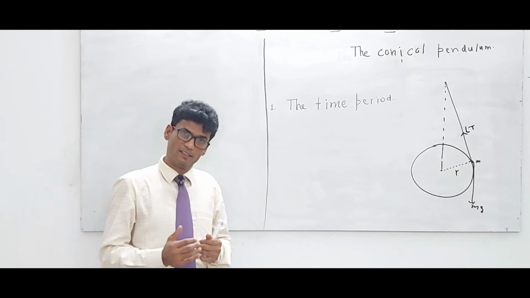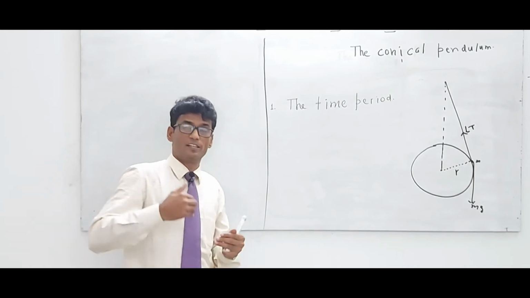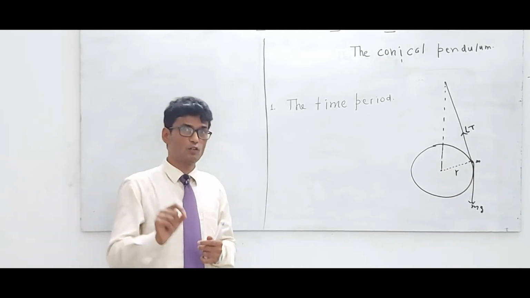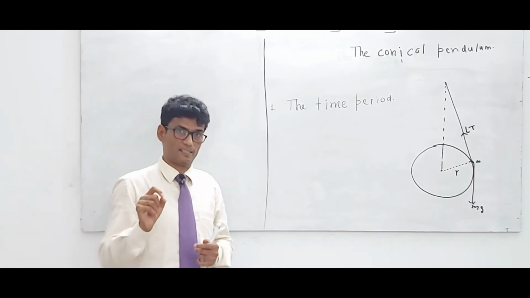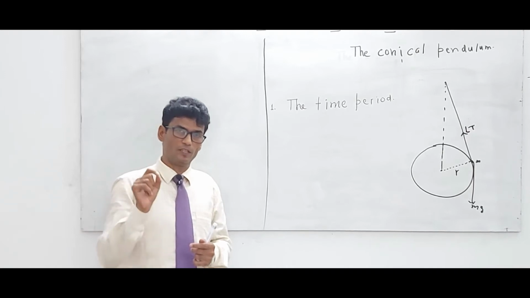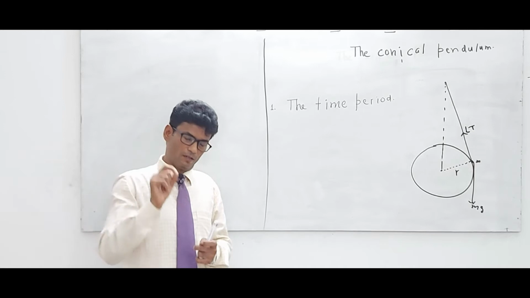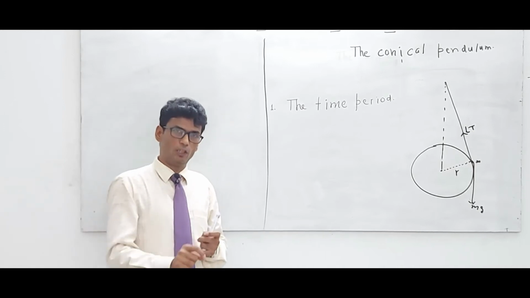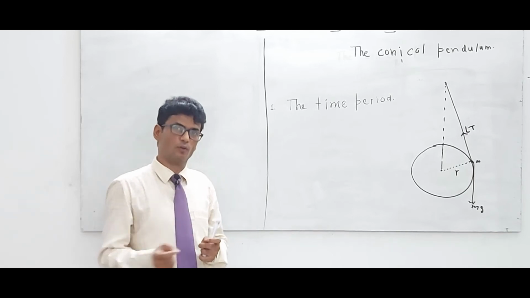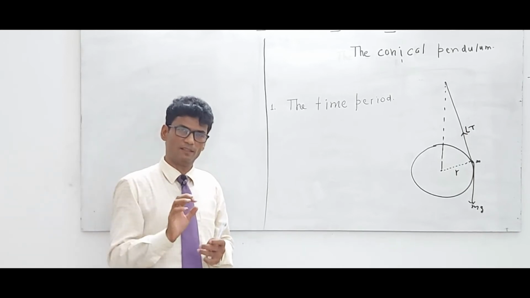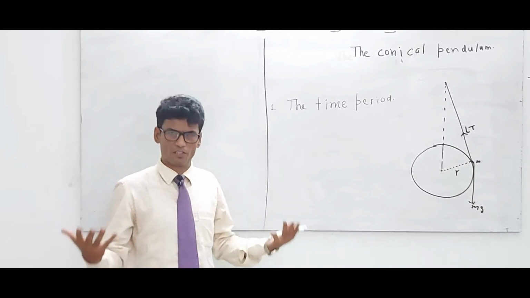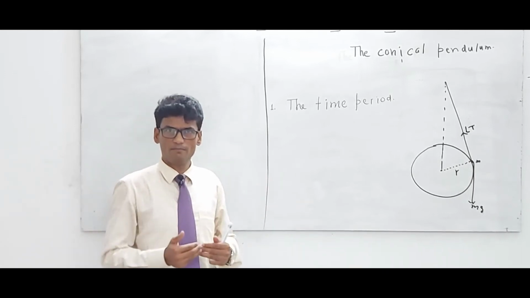So if we are interested in the motion of a particle or an object, then we are interested only in those forces which are acting on our system, exerted by an external agency on our system.